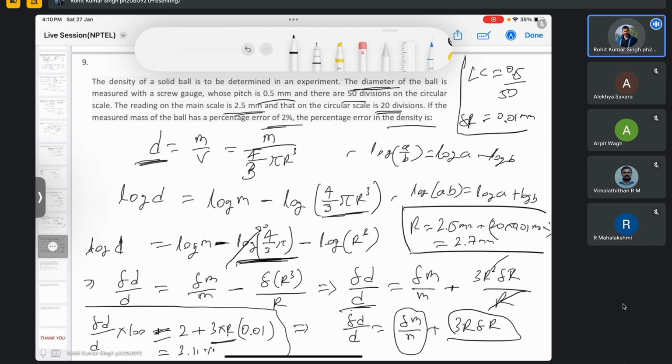Is it fine? Everyone followed, or did I make it very cluttered? It is simple, right?